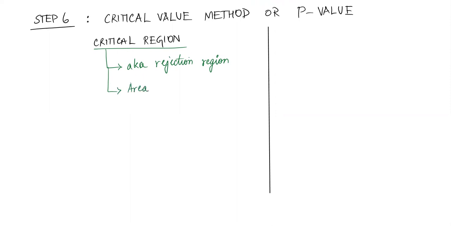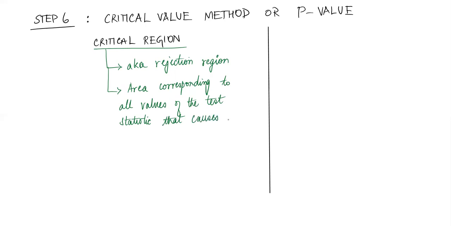So it's the area corresponding to all values of the test statistic that causes us to reject the null hypothesis.